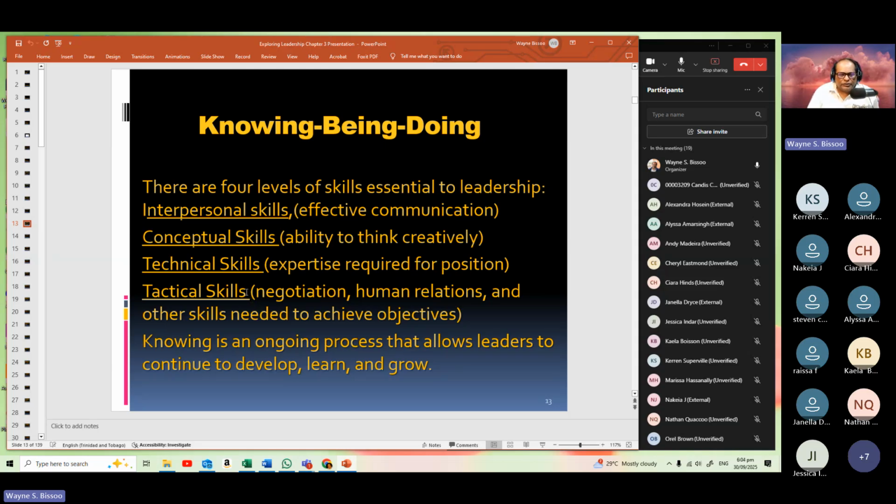Because his area of training and technical skills was petroleum engineering, he mentioned that of all the skills that are critical for the development of the human resources in Trinidad and Tobago, it was the development of tactical skills. And tactical skills talks about negotiation and development of better human relations. That's things like working in groups and teams and that type of stuff.